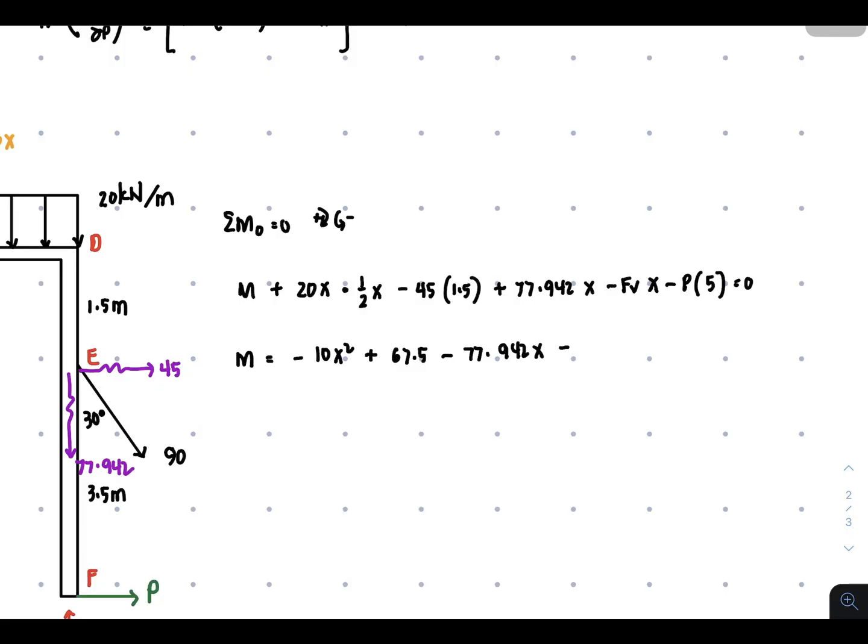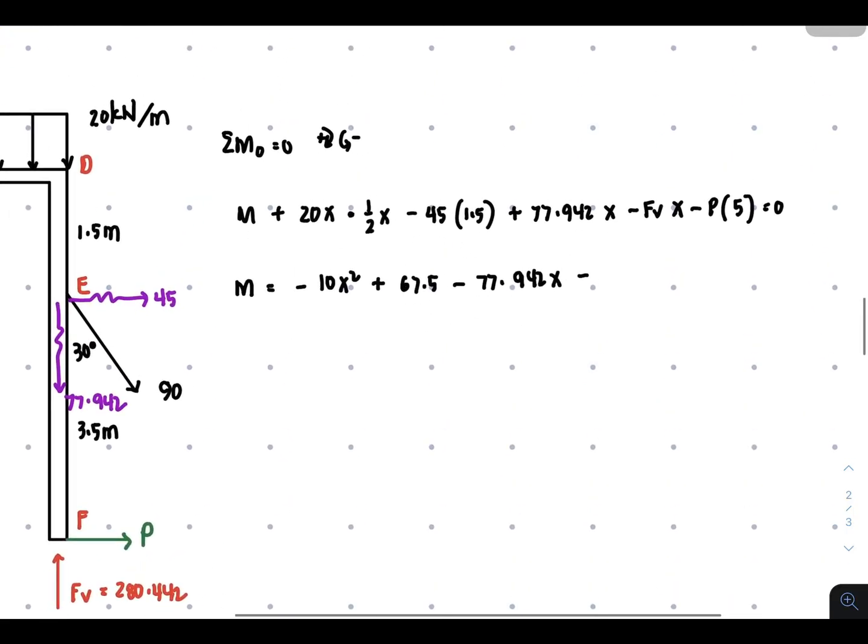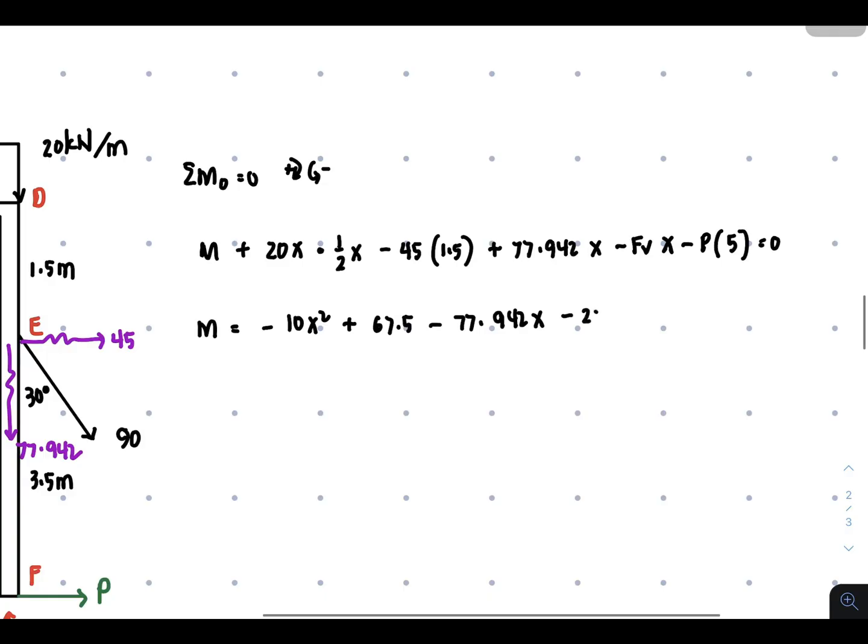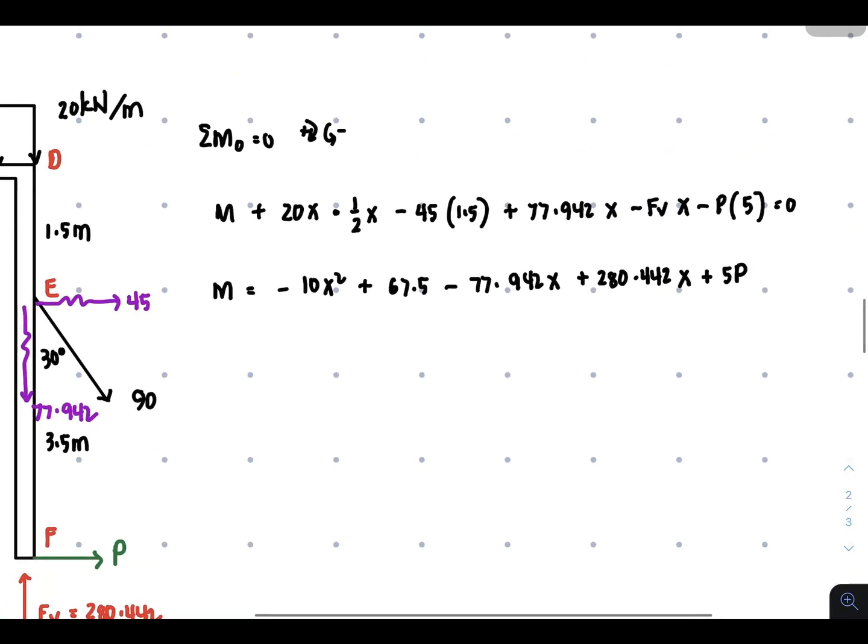FV is 280.442, 280.442x, then minus 5P. Oh, I almost forgot, this must be plus and also that. So this is negative, this is positive, this is now negative, this is now positive, and this is now positive.